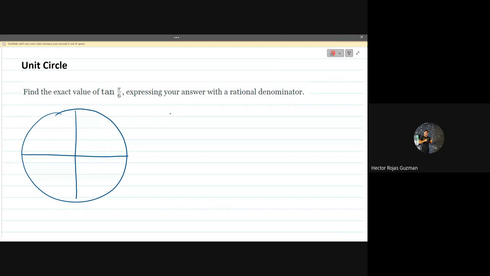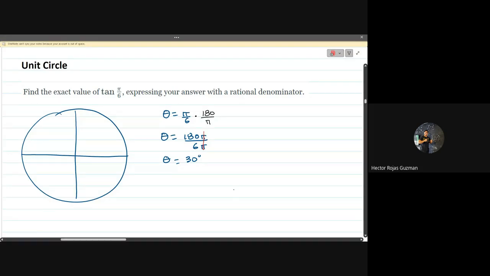Theta equals pi over 6, and I'm going to multiply that by 180 over pi. Theta equals 180 pi divided by 6 pi. The pi's cancel, and 180 divided by 6 is 30. So 30 degrees.